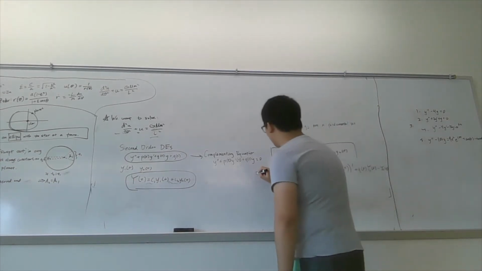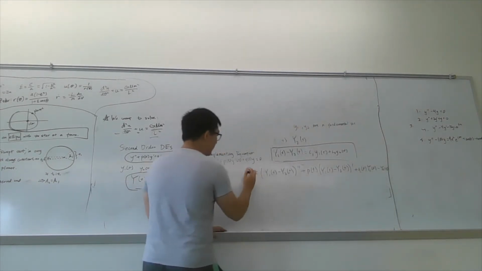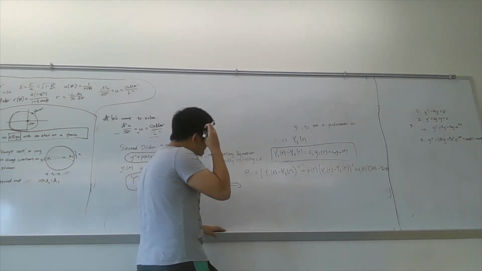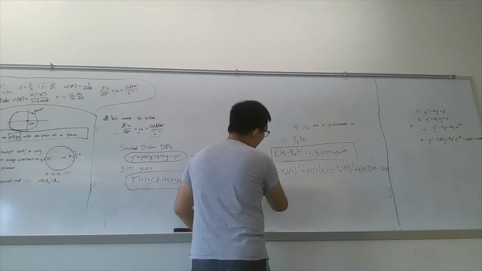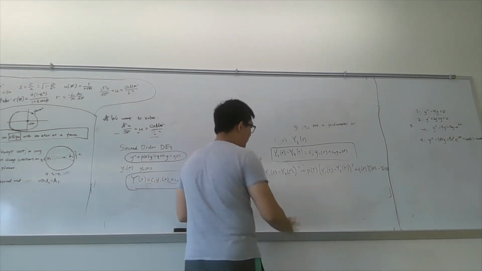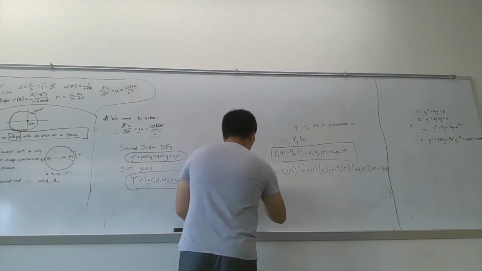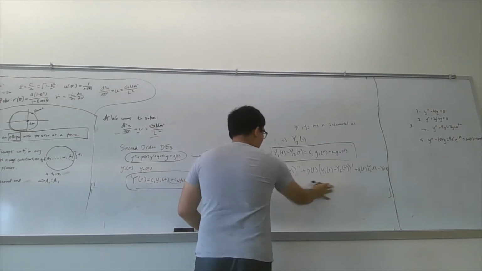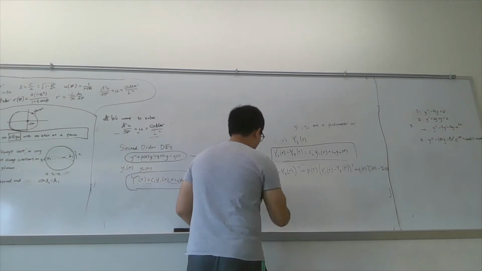I'll just put this equals 0 on this side. And then we can group all the terms that have y1 in them together, and similarly group all the terms that have y2 together, and we get this once we apply the derivative operator to all of them.